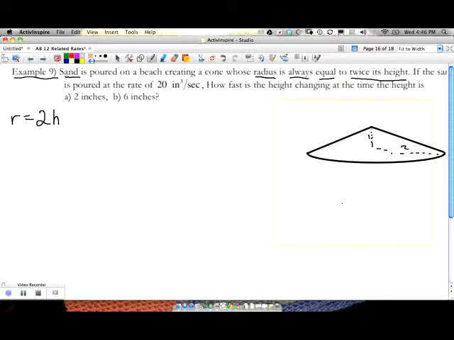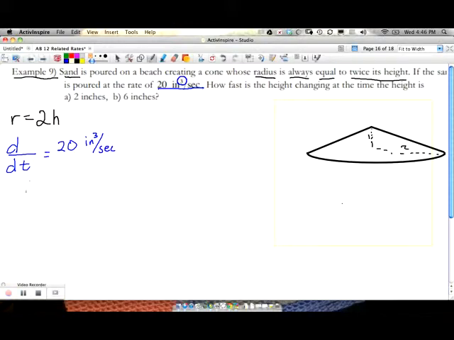Okay, so then they say if the sand is poured at the rate of 20 inches cubed per second. So this cubed is kind of a clue here too, because we know this is a rate. It's going to be d something dt. And the fact that it's inches cubed, that's very specific.